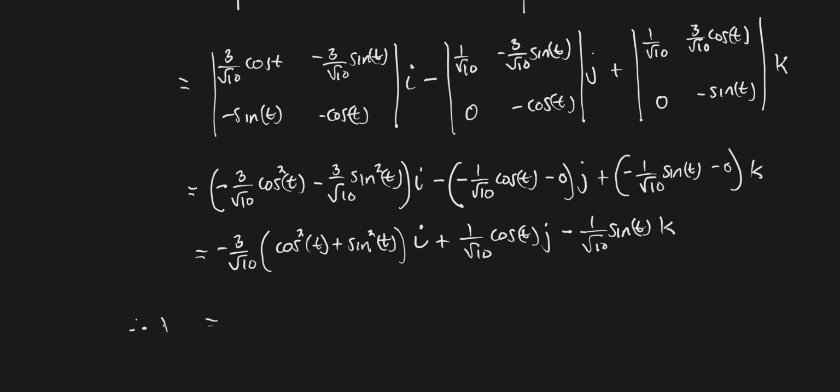So I'll just say, therefore, our binormal or unit binormal vector is given by: the first component is negative 3 over root 10. The middle component is 1 over root 10 cosine of t. And then the third component is negative 1 over root 10 sine of t.